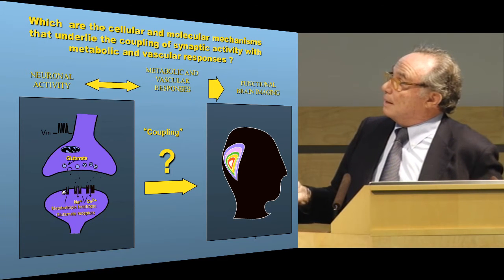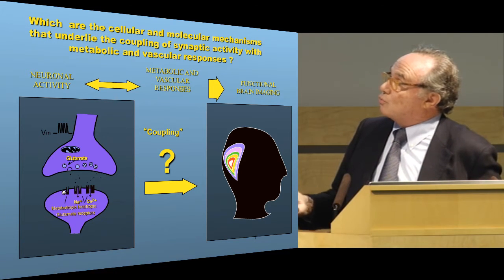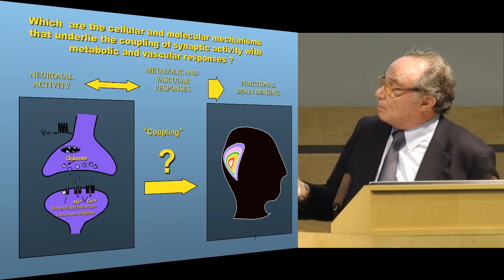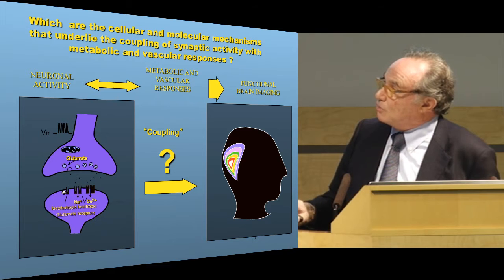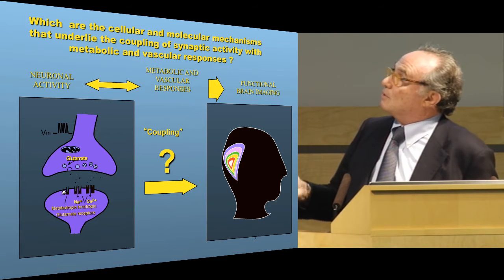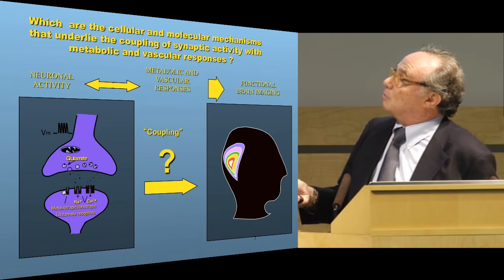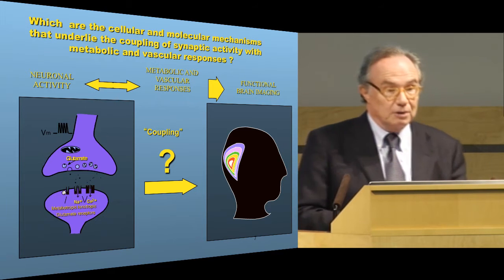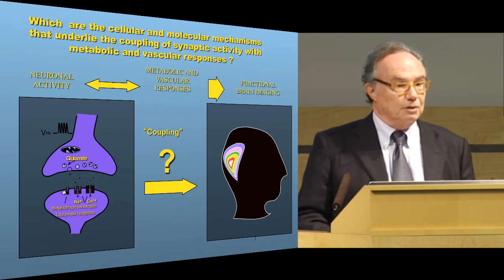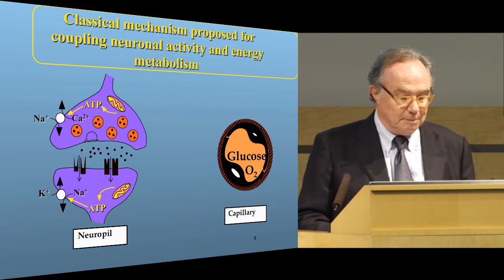And actually, this has been a key issue to try to understand, and in particular, my group has been interested in trying to understand how these electrochemical events are translated into a metabolic and vascular response. And as I mentioned a moment ago, this also provides a better understanding of the origin of the signals for functional brain imaging.